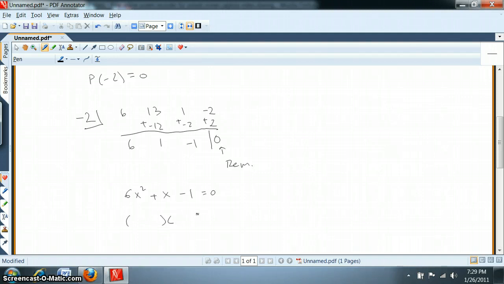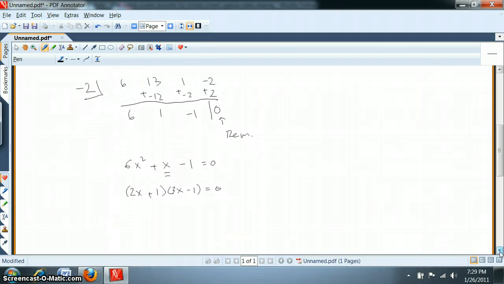So I believe this one factors as, we can try different things here. We can try 2x and 3x, for example. And notice to get negative 1 right here, we can try plus 1 and minus 1. So notice the outer term will actually be negative 2x, plus the inner term will be positive 3x. So altogether we're going to get x, which is what we want. So now we should set each part equal to 0, and we're going to get our zeros.